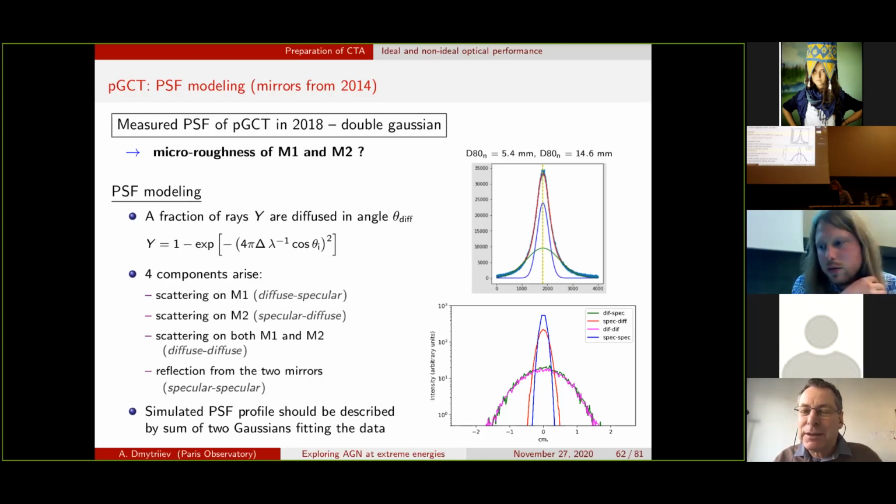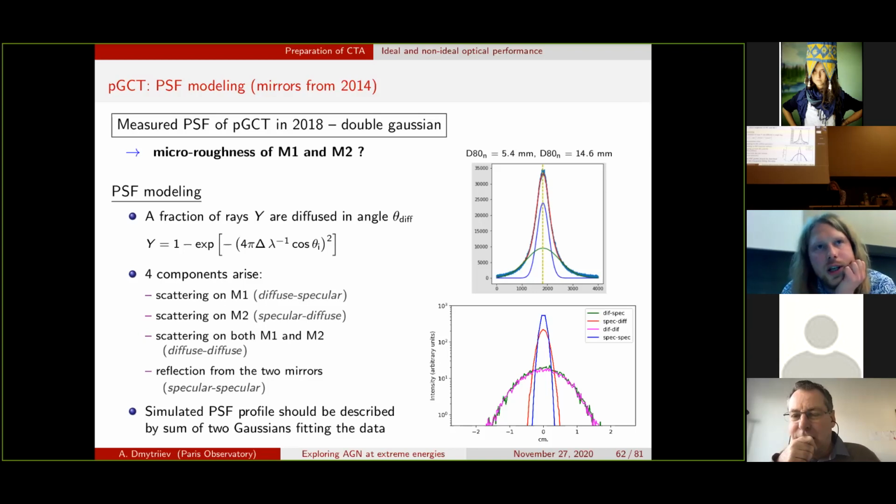Yeah, so the Cherenkov light. We want to achieve as small a PSF as possible, in order to have good resolution of as many pixels in the Cherenkov image as possible, to characterize the parameters of the air shower as precisely as possible, to reconstruct the energy more precisely and reconstruct the arrival direction.